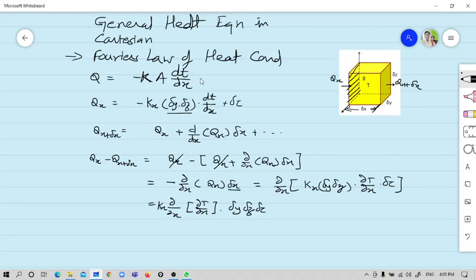Okay, this delta x term should have come here. So here again you will have delta x. Okay, so let us call this equation number 1.